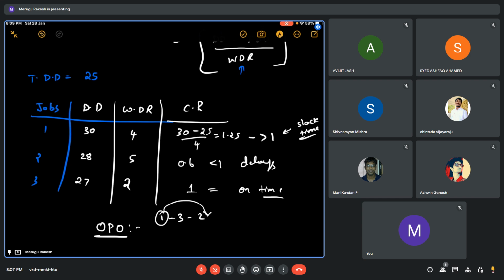If possible, I'll keep it at the end. First priority should be given to the one with less than 1, because it is getting delayed. So I will take 2 first. Then I will take the third one because it is on time. Then I will take the final one because it has slack time, so I have no hurry to finish the job. This is the optimum processing order we will follow in this case, and the rest will be similar.